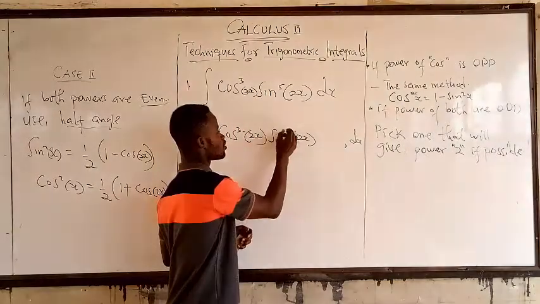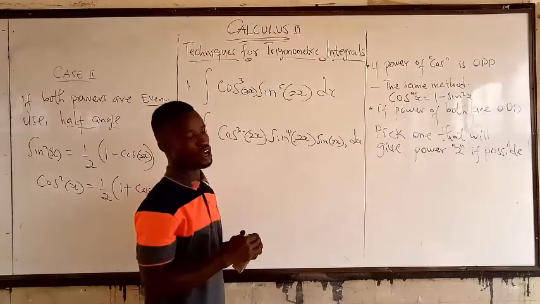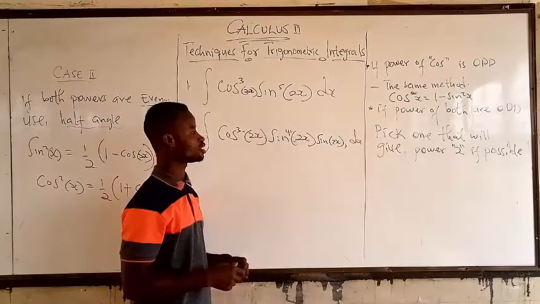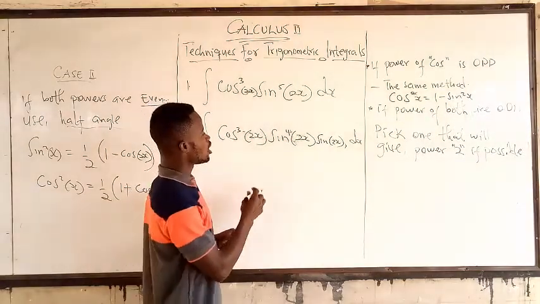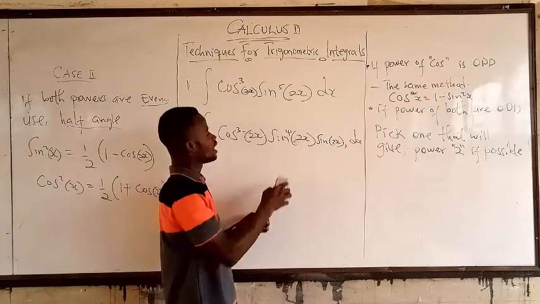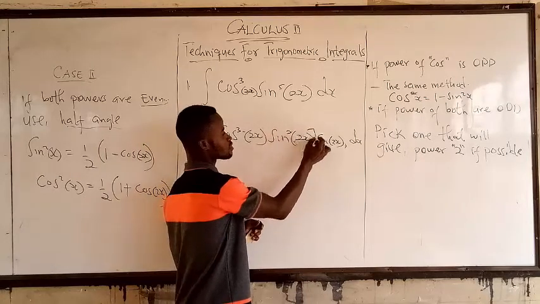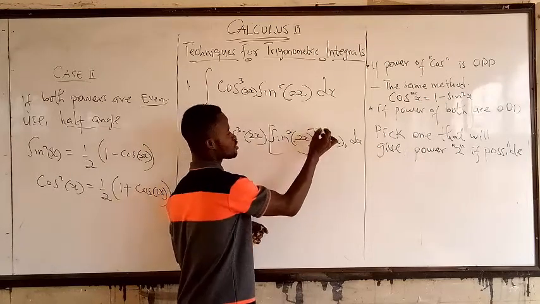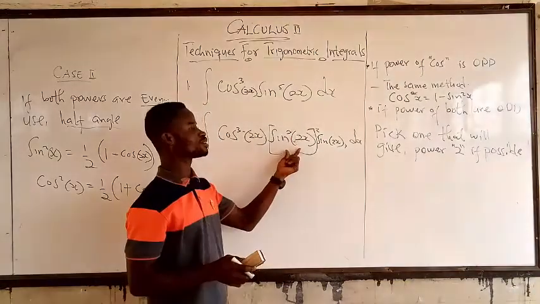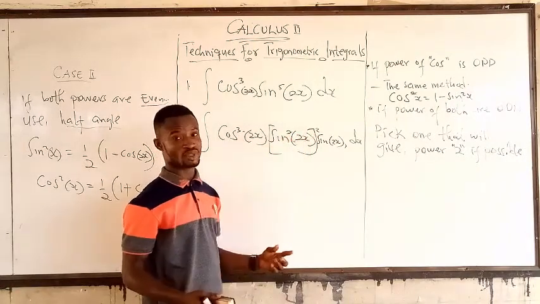Here, we can get something like this. Don't forget that the argument is the same. The arguments are the same. So how can we get power 2 here? It's create and destroy. So you can see that it's the same thing, alright? Because when you multiply this, you get the same thing.